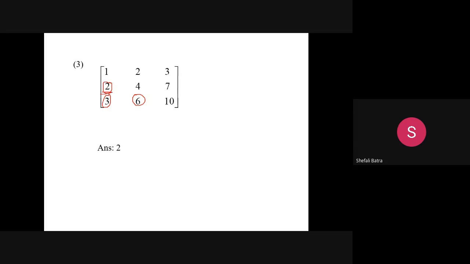I need to make this 0 as well as this 0. So for making this 0, I will apply this operation: R2 implies R2 minus 2 times R1. Right?